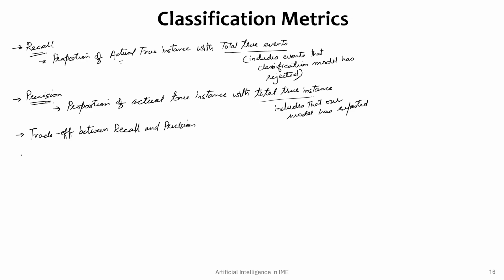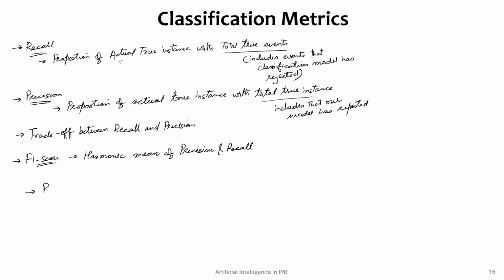Okay. Now the next metric is the F1 score. This is the harmonic mean of precision and recall. Okay. Now why do we utilize recall and precision?